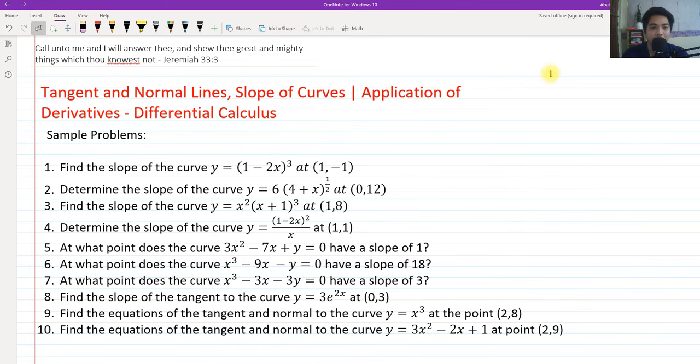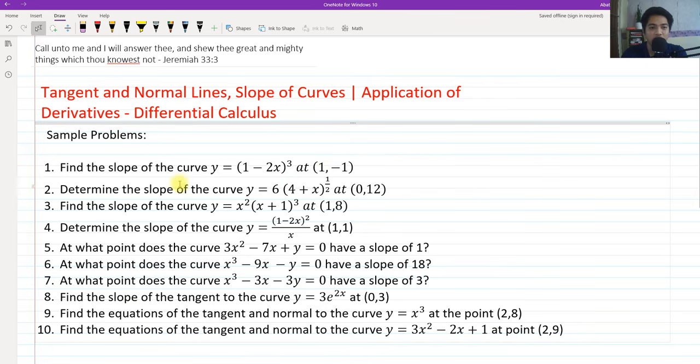So we have several problems here involving how we are going to determine the slope of a curve, how we are going to get the point where a certain curve has a certain slope, and how we are going to get the equations of the tangent and normal lines to the curve at a certain point. So if you want to learn how to solve this type of problems, let's get started.